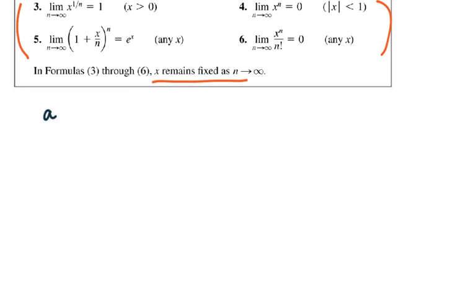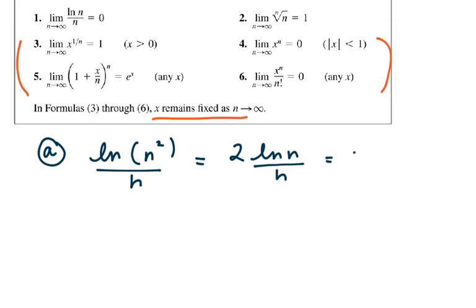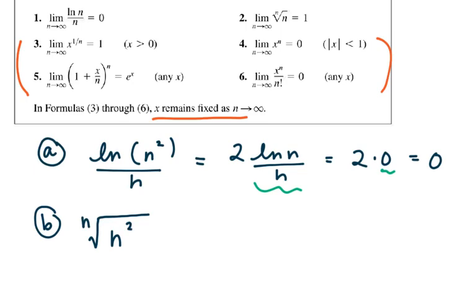If we wanted to show convergence, say, natural log of n squared over n, we can rearrange that, and that would be 2 ln n over n, which we know from our chart up here is going to be 0. So 2 times 0, we end up with just 0. Or the nth root of n squared.